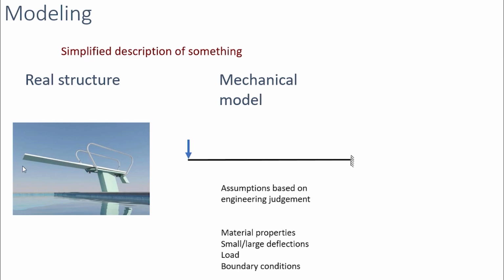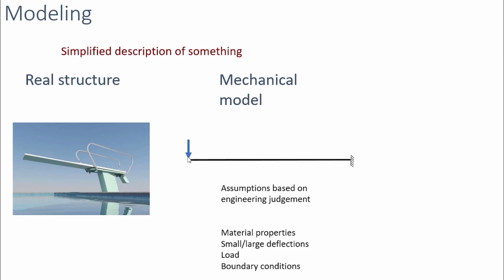We should also decide whether we are considering small or large deflection theory while doing this analysis. We can decide that the deflections are very small, so I can consider it as a small deflection problem. We can do a linear analysis to do that. We can also assume that when a person is standing on it, the load acting on the structure can be treated as a concentrated load.